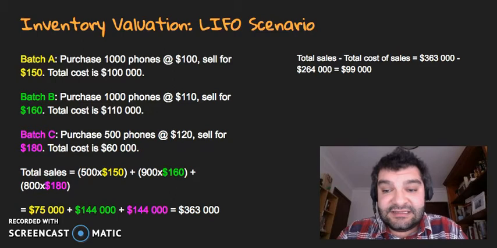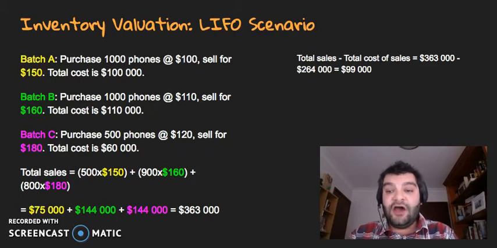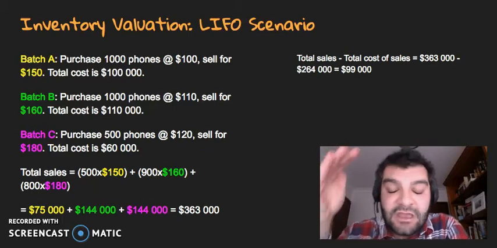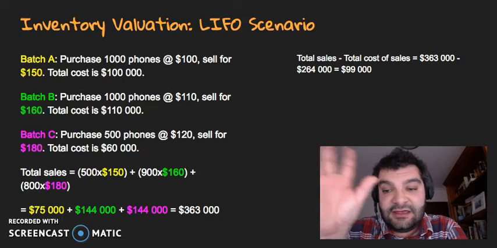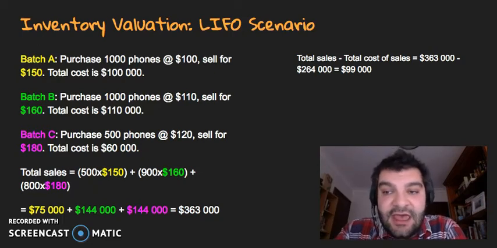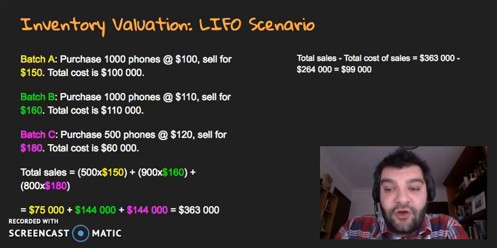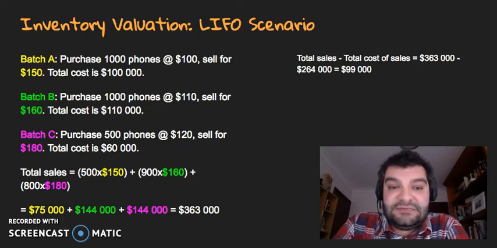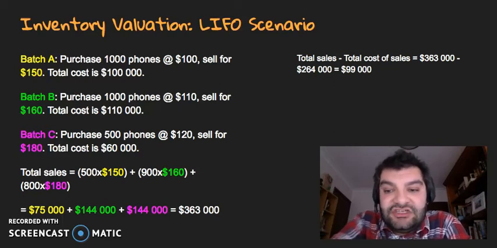Now, just by sheer coincidence, this scenario has meant that the price of buying those phones has gone up. However, that might not always be the case, so this is a hypothetical. As you'll see in the top right-hand corner of the slide, the gross profit that this business has made by using the LIFO scenario is only $99,000.